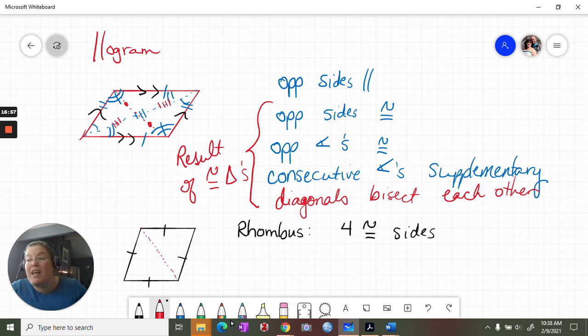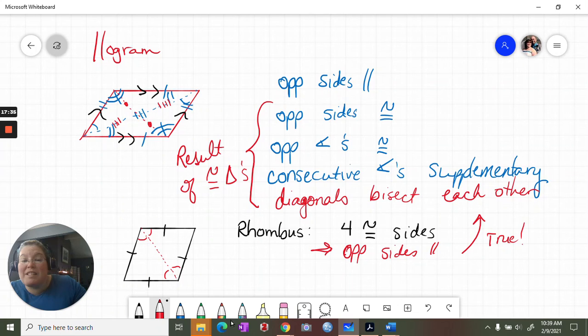And this tells me a number of things. One, I can get my alternate interior angles congruent as a result of those congruent triangles. And in fact, my opposite angles are bisected. That means they're cut in half. So my opposite sides are parallel, and that means everything up above is true, because this means it's a parallelogram.